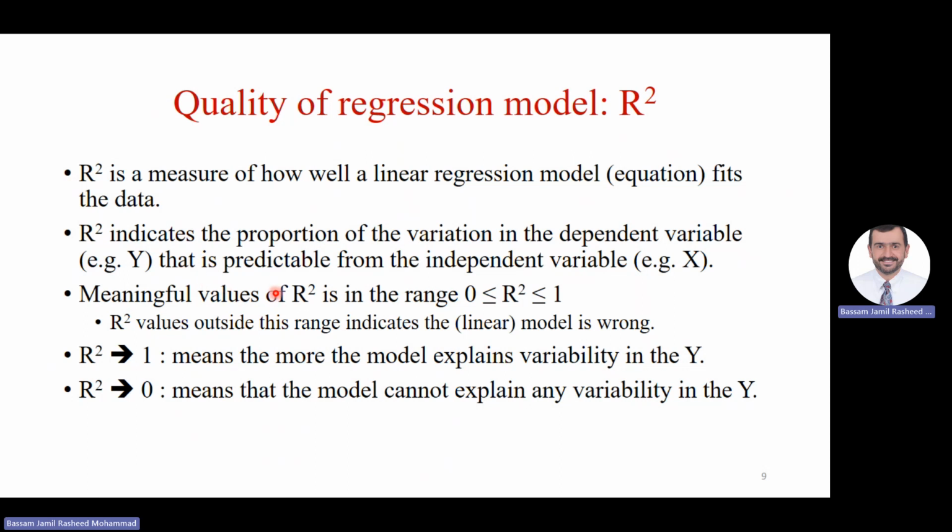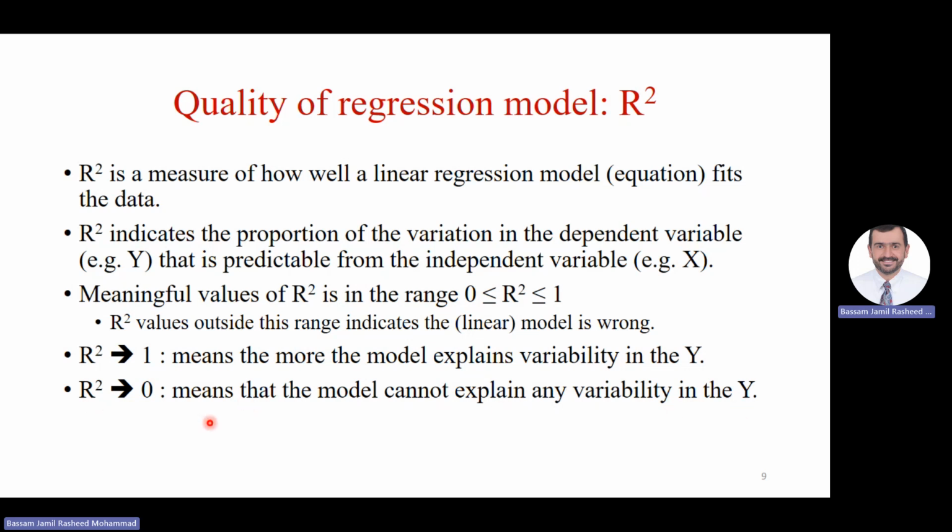The R square metric is between 0 and 1. The closer your metric gets to 1, it means your model explains the variability in Y, which means it's good. You have a very good model. But if it is close to 0, the model cannot explain any variability in Y, which means your model is bad.